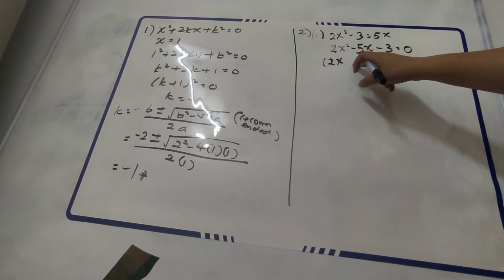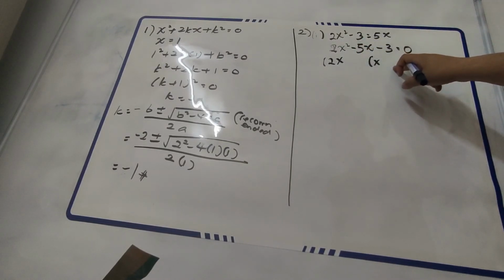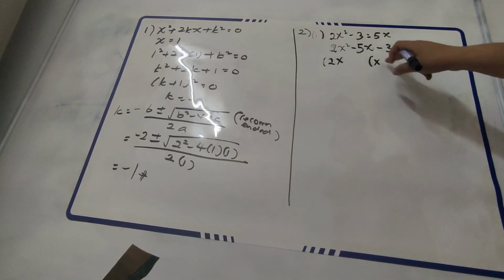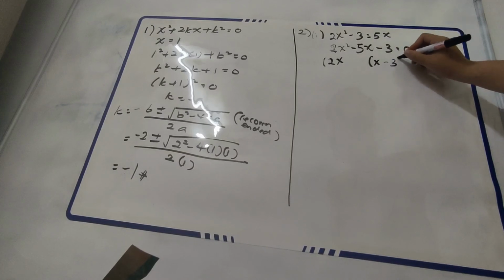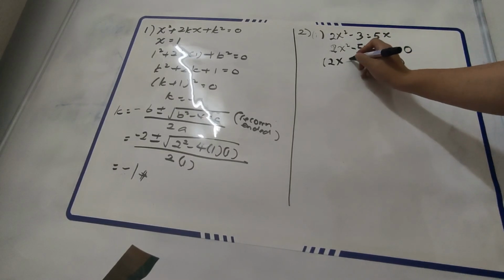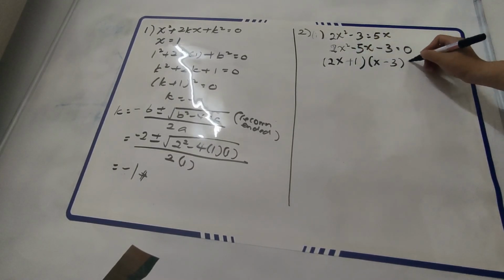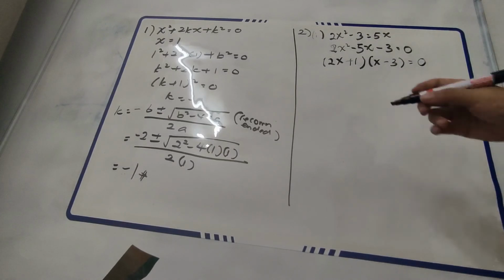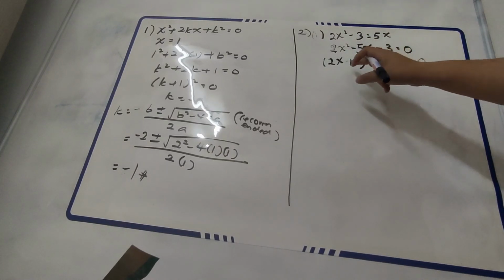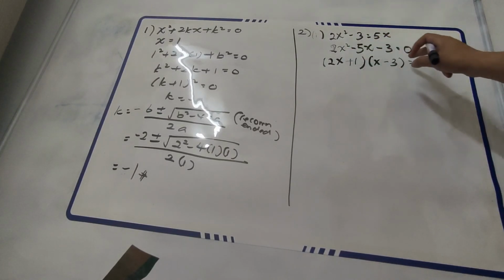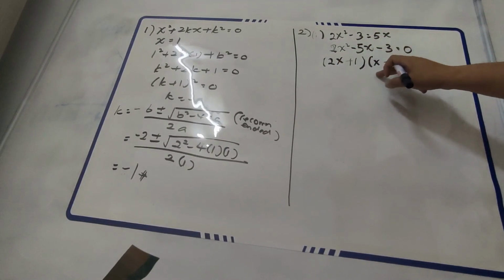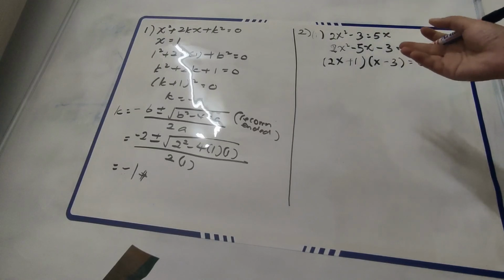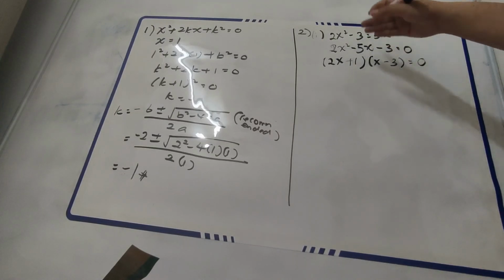So we see what the answer is here. Because it's minus 5x, in the factorization here should be minus 3, here should be plus 1, then equals 0. When you want to recheck, 2x times minus 3 plus 1 times x is minus 5x, so it's negative 5x, so this is correct.